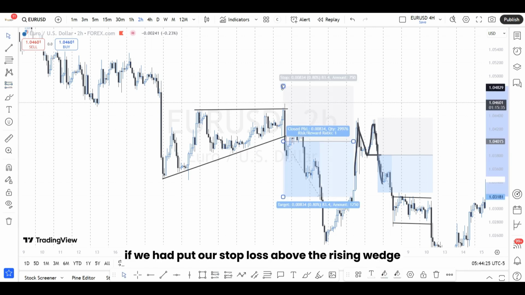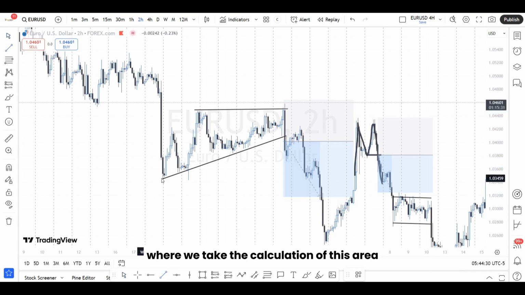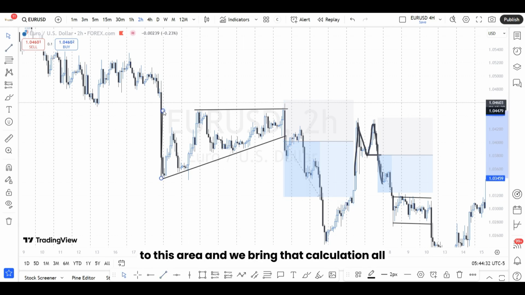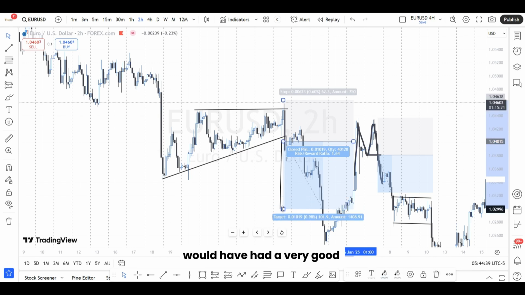If we had put our stop loss above the rising wedge, then we take the calculation of this area to this area and we bring that calculation all the way down here, we would have had a very good 1:6 or 1:5 risk to reward trade that would have been very, very accurate. That would have been a very nice trade.